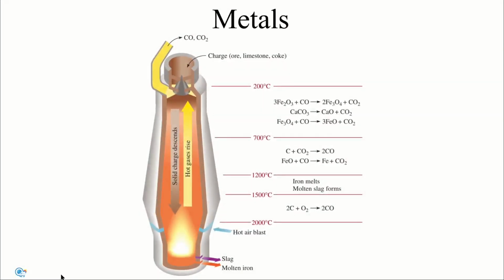The oxygen gas reacts with carbon in the coke to form mostly carbon monoxide and some carbon dioxide. These reactions are highly exothermic, and as the hot carbon monoxide and carbon dioxide gases rise, they react with the iron oxides in different temperature zones.